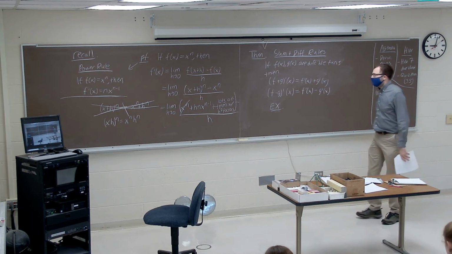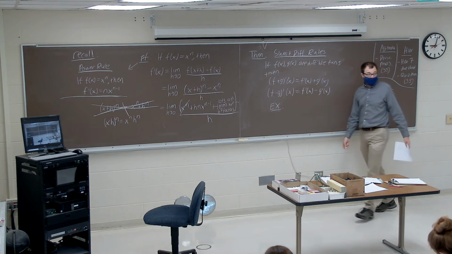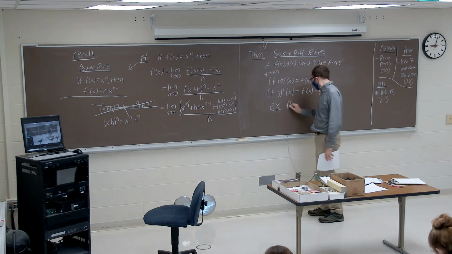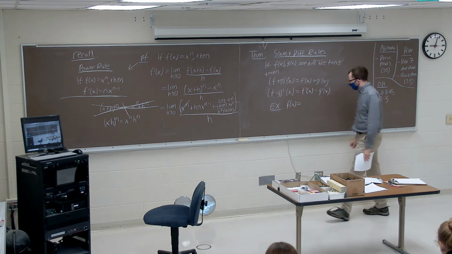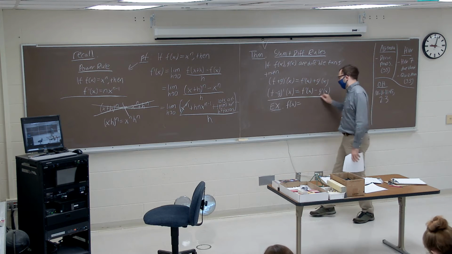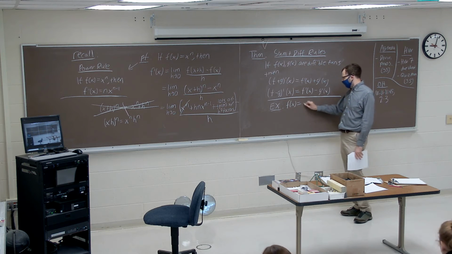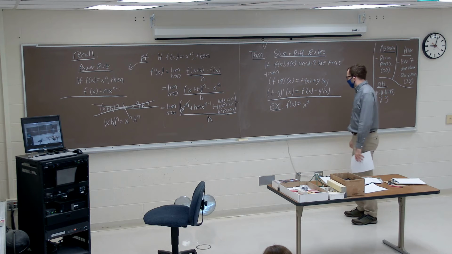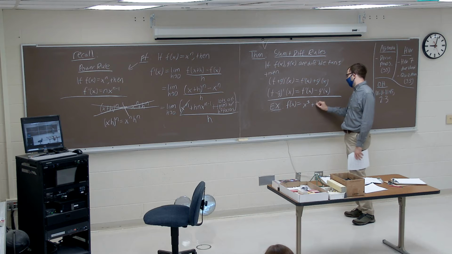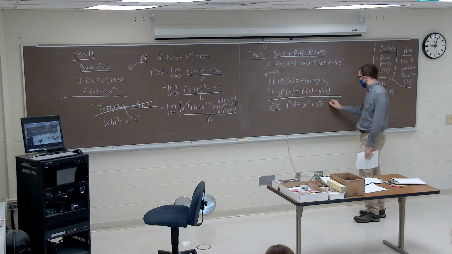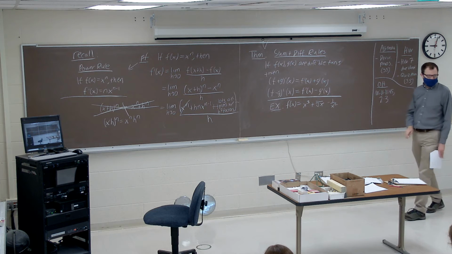So let's do a quick example where we try and put this into practice. Let's look at the function f of x equals x cubed plus cube root of x minus 1 over x squared.